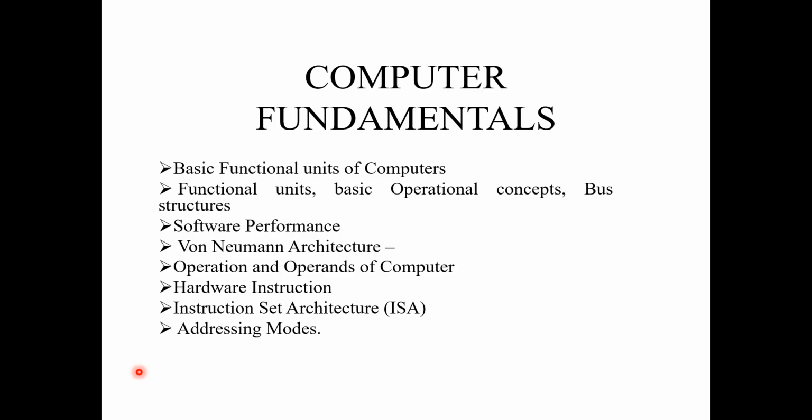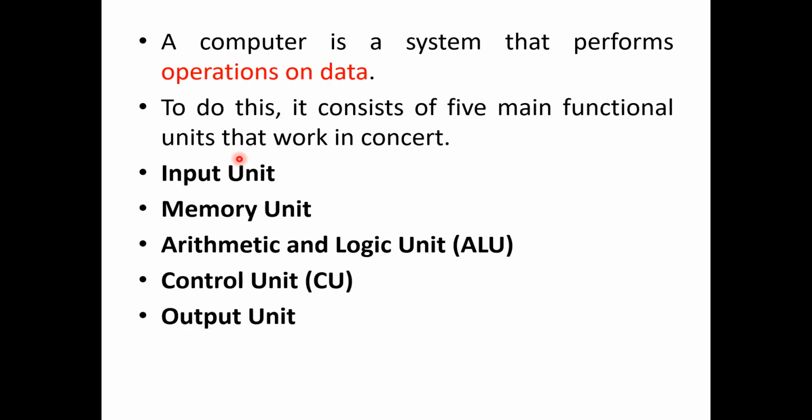After the end of this lecture, students will be able to understand what is meant by computer fundamentals. So what is a computer? A computer is a system that performs operations on data. To do this, it consists of five main functional units that work in concert. So in computer fundamentals, we have five different blocks or functional units to operate our system.